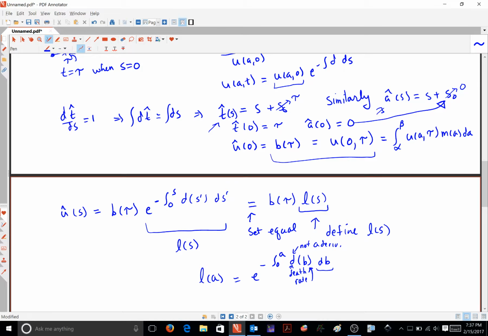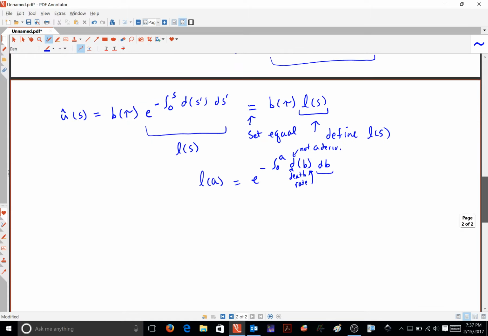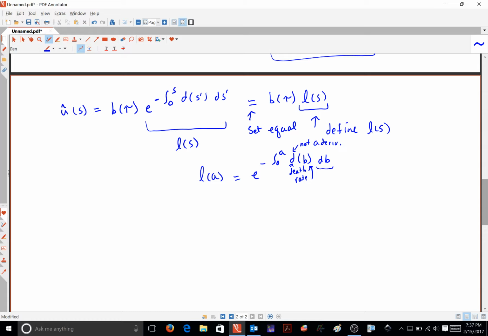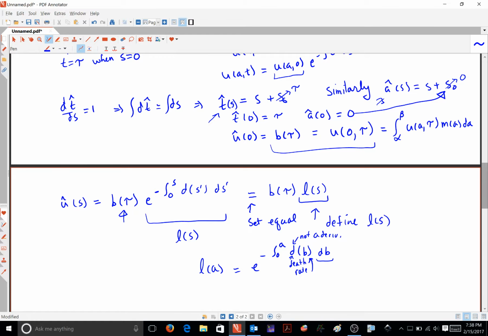They want to change this back then to the original terms. So how do you get back to the original terms? Let's look and see. If you look at the original variables of a and t, we had u of a t. Now, this tau was our parameterization. Did I write it down or not?